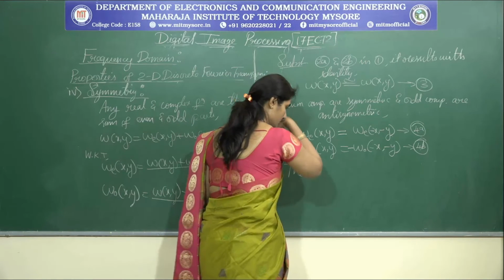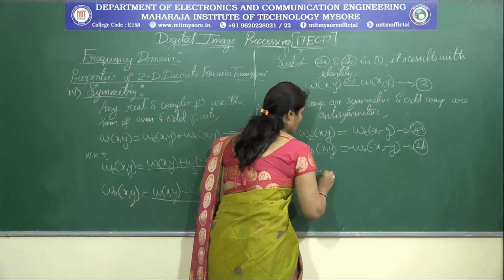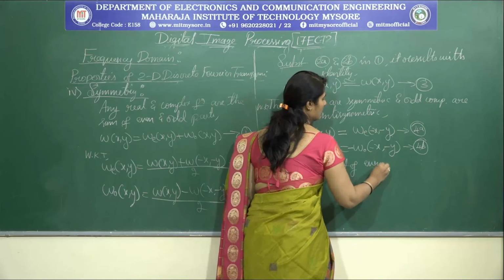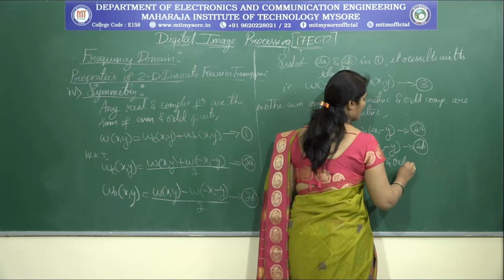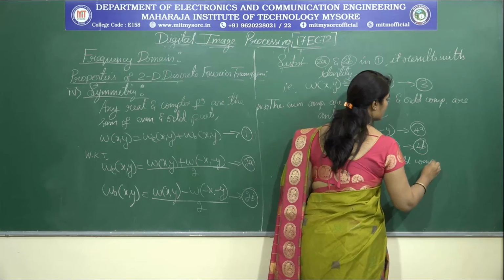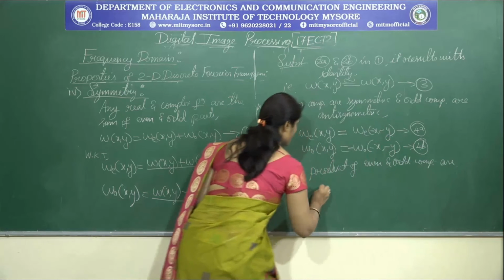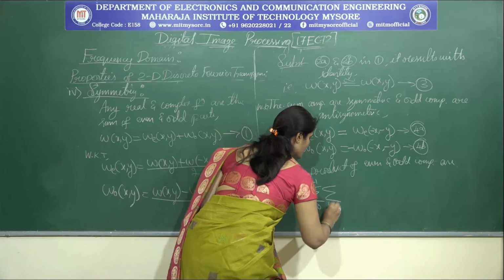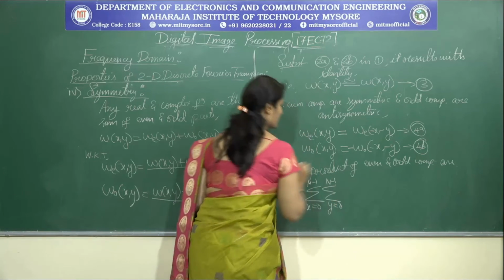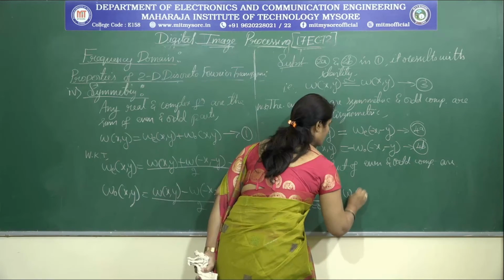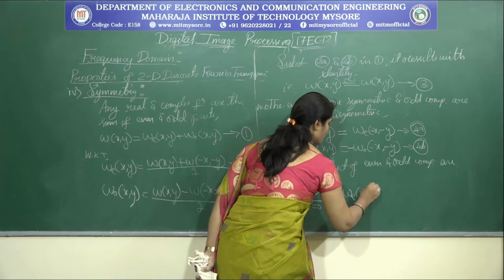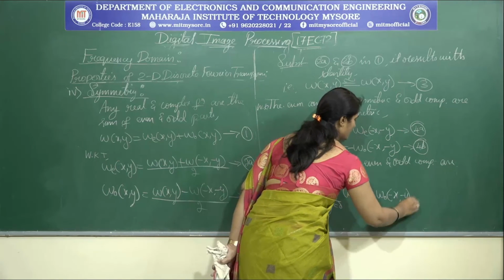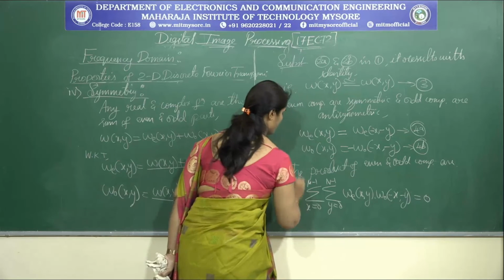Therefore, the summation x equals 0 to m minus 1, summation y equals 0 to n minus 1, w even of x comma y into w odd of minus x comma minus y, is equal to 0.